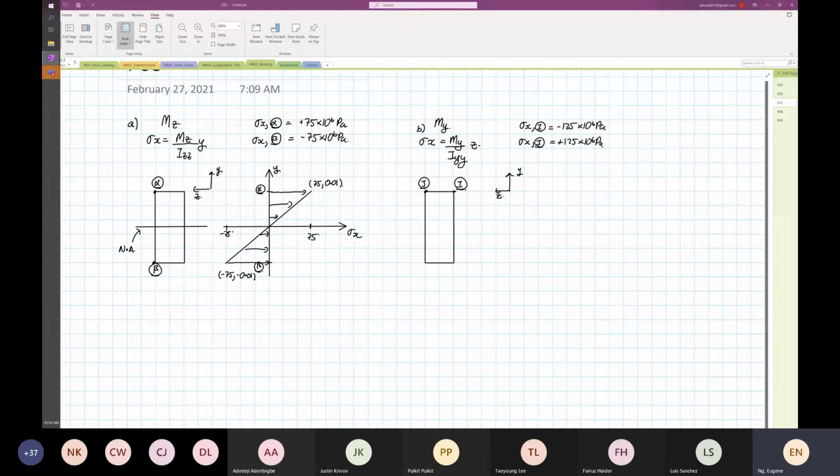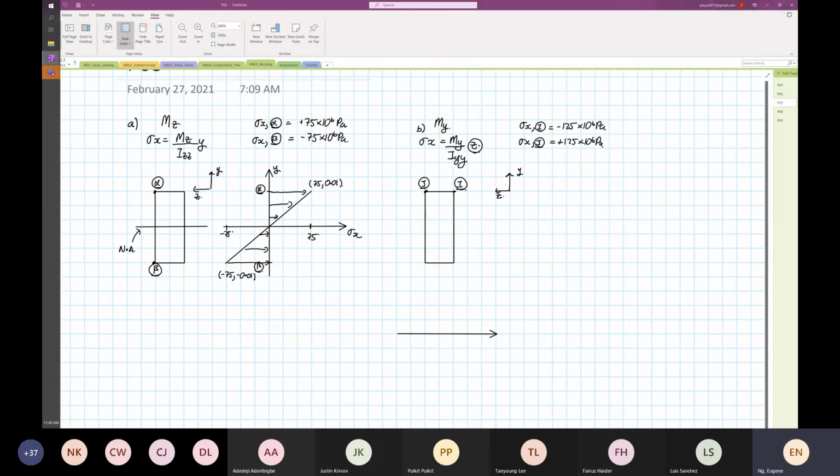So we are going to sketch again. Now everything is in the z direction, so I'm going to sketch down here. You all can see, yep. This axis over here is still my stress x axis.